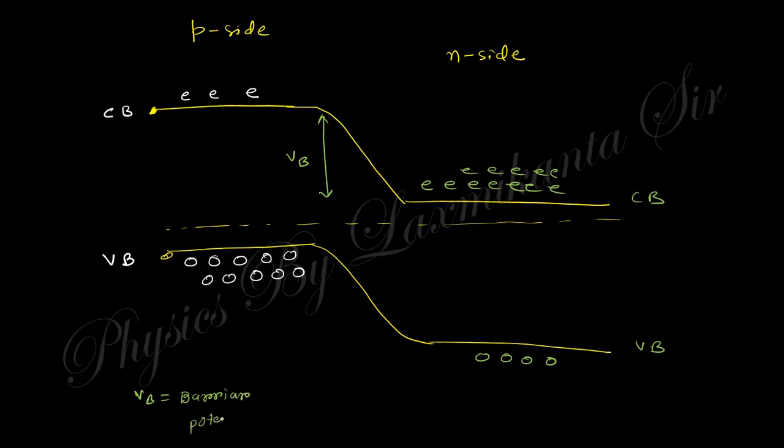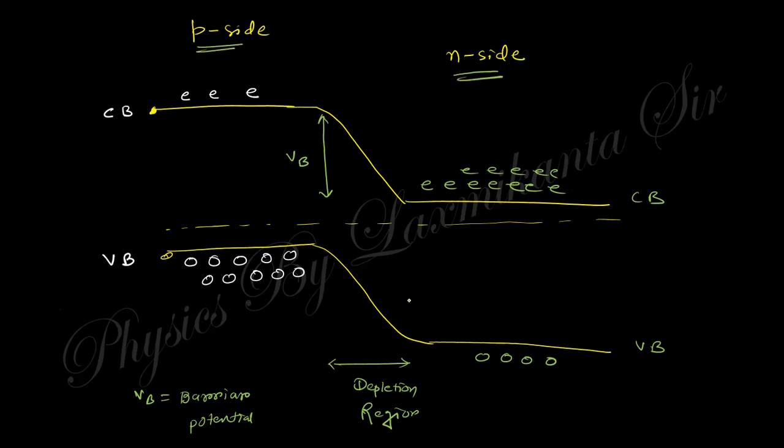This amount of energy is required for an electron to jump from the n side to the p side, and this region is the depletion region. This is the p side, this is the n side.